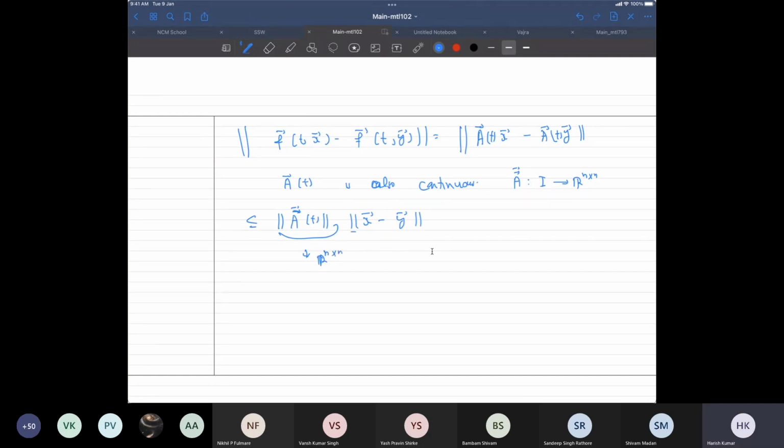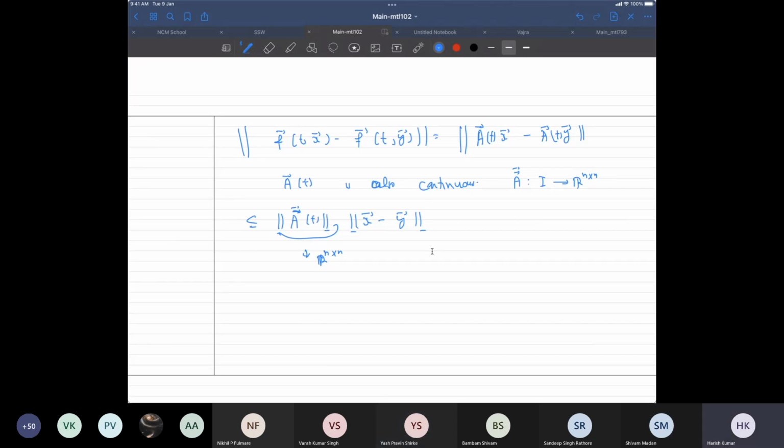And why I'm writing the same norm here? You know the matrix norm induced by a vector norm? Have you seen that? No, sir. Okay, so I'll explain.